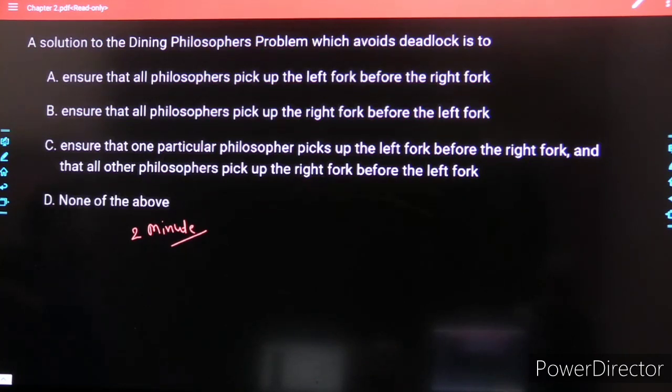We have discussed: whatever n minus 1 philosophers are doing, the last one needs to do just the opposite. When you think logically, then you will be able to get the answer. Otherwise you will get confused.